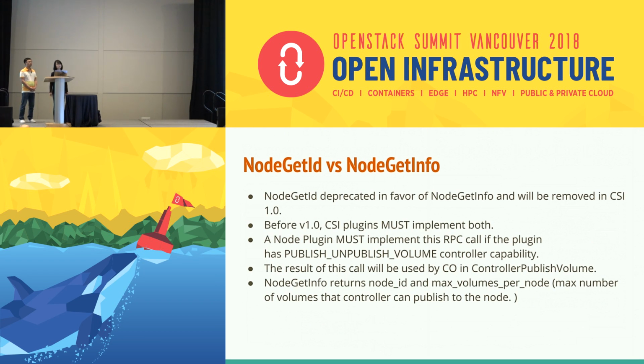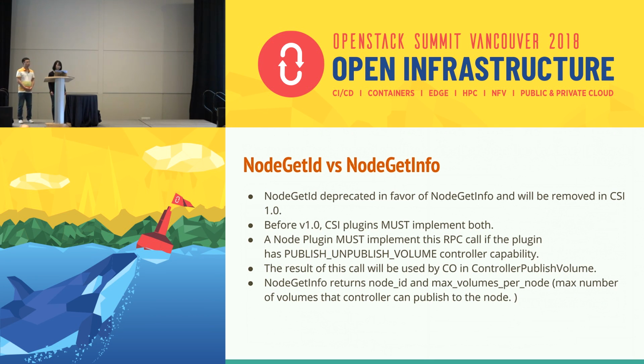There is a NodeGetId RPC that returns a string, which is a node ID that can be recognized by the plugin. That corresponds to a Kubernetes node name, and then that will be used by ControllerPublishVolume. Because it's a string, it's limited.